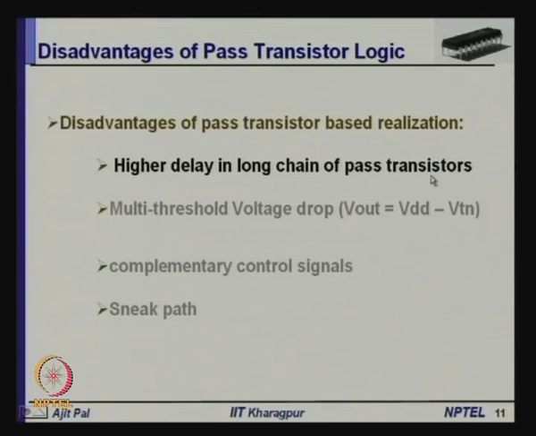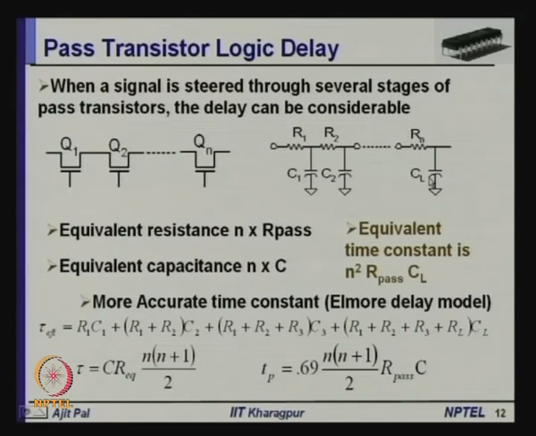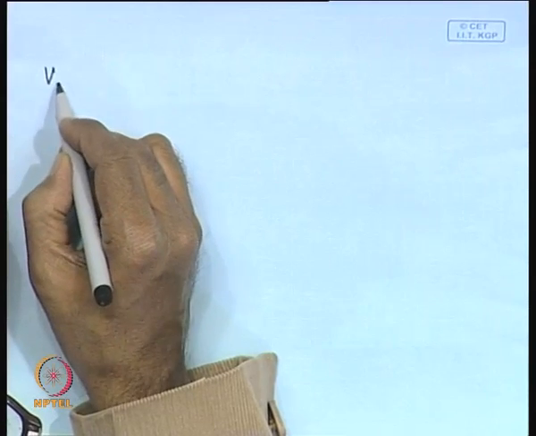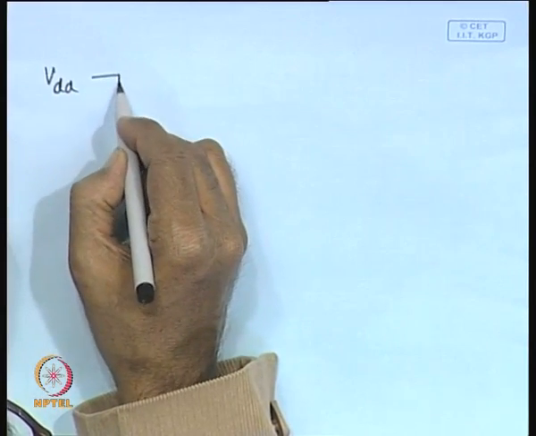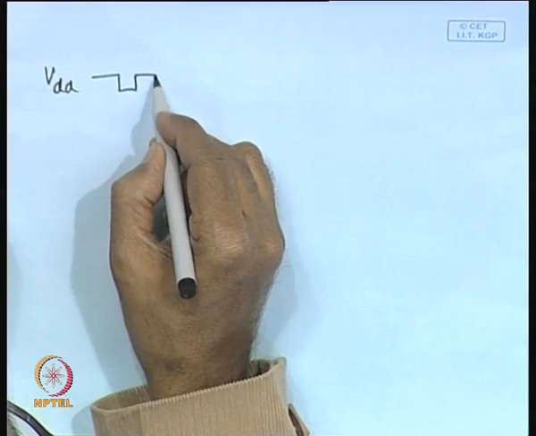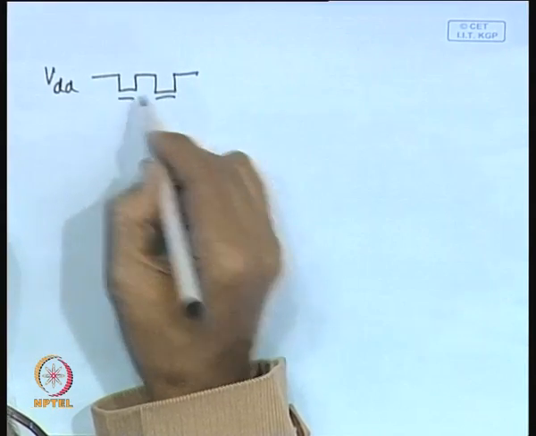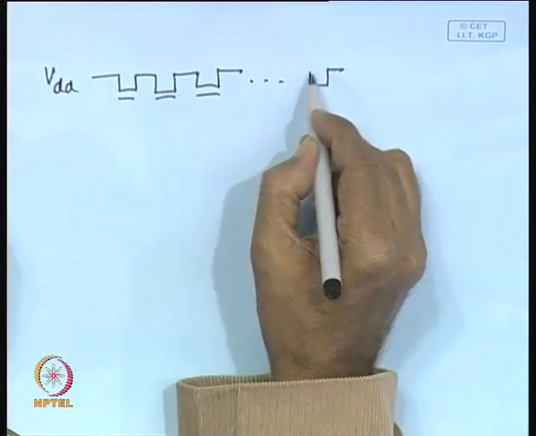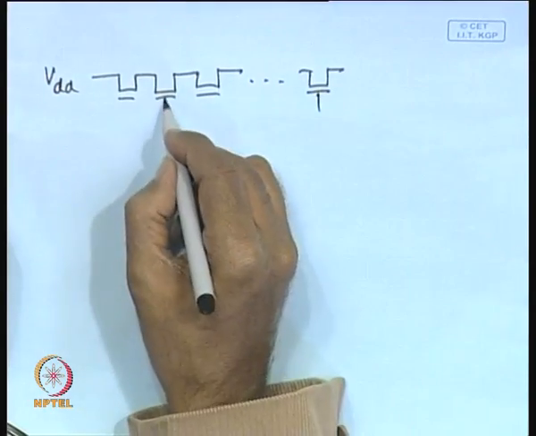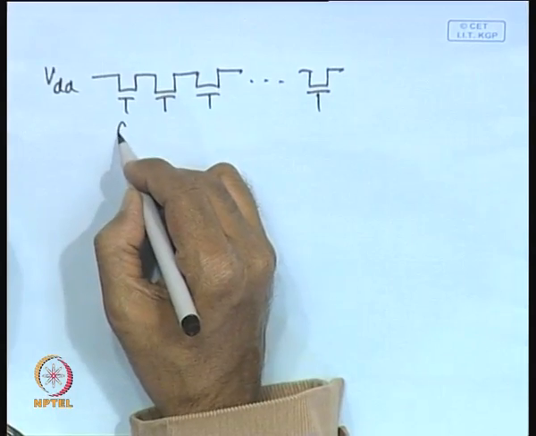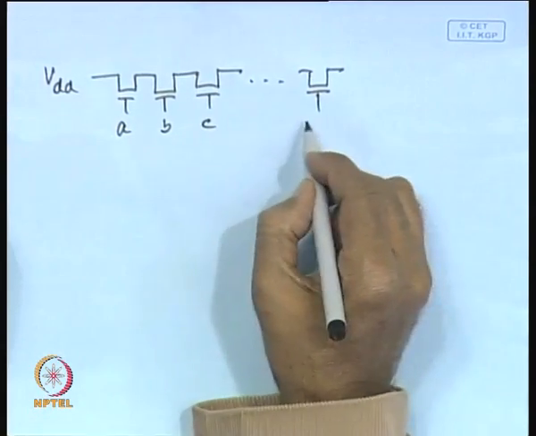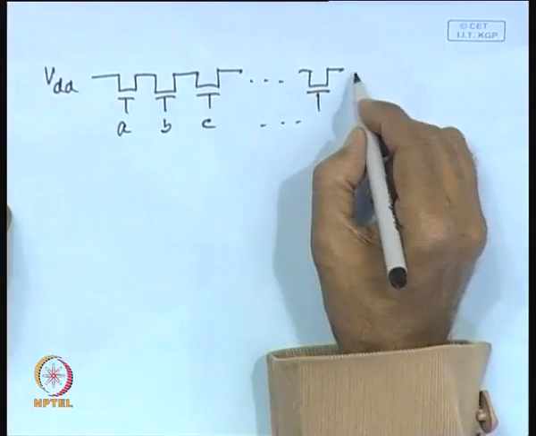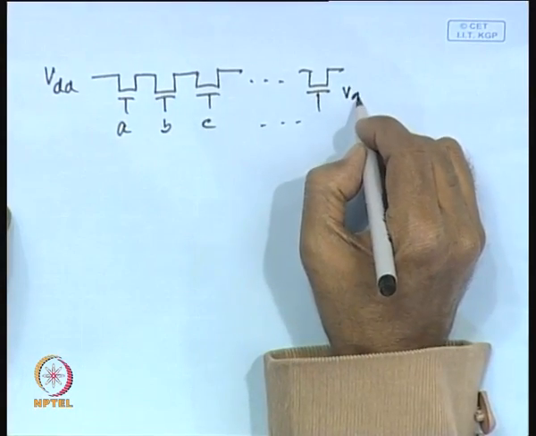You see, whenever you apply a number of transistors in series, let us assume VDD, and you will be realizing, say, there may be a large number of inputs. So, let us assume here you apply B, C, D and so on. So, this is your input and this is your output V out.